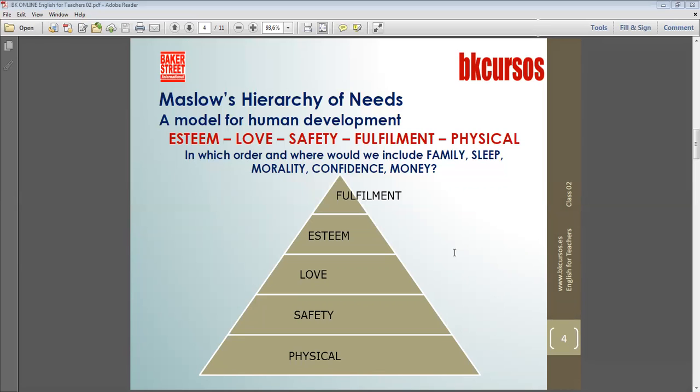Okay, so on these things, for example, family, we've already written that in there. Okay, there's family, the word there. What about sleep? What kind of need is that? Physical. Okay, there's sleep. And safety?